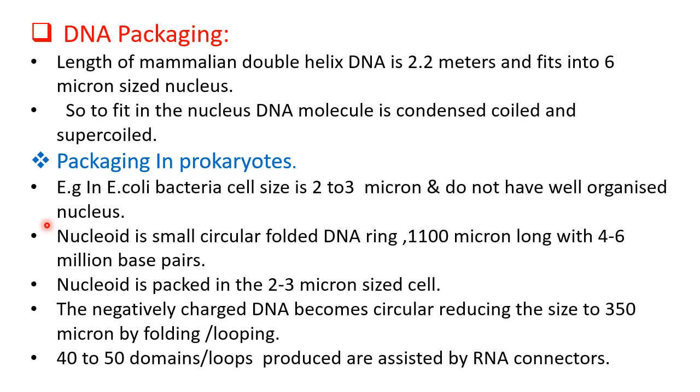Instead, a small circular folded DNA ring of about 1100 micron in length with 4 to 6 million base pairs is present. So such circular DNA is called the bacterial nucleus or nucleoid. Then the circular nucleoid is packed in a small sized cell, that is a 2 to 3 micron sized cell.